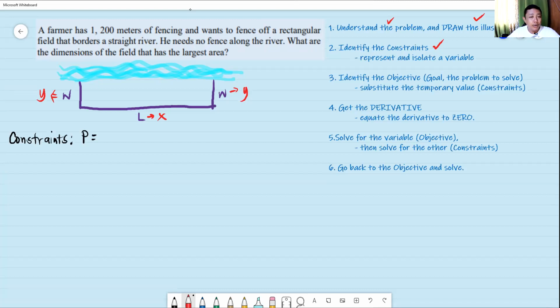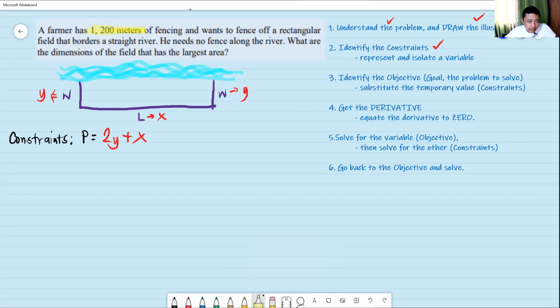We're just adding all the sides. So if we look at this, there are two y's, so 2y. Perimeter is just a simple addition, remember, plus 1x. Can you follow?